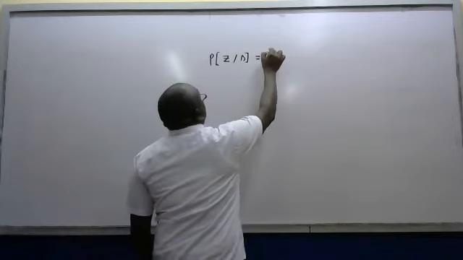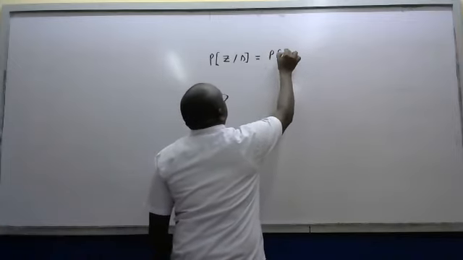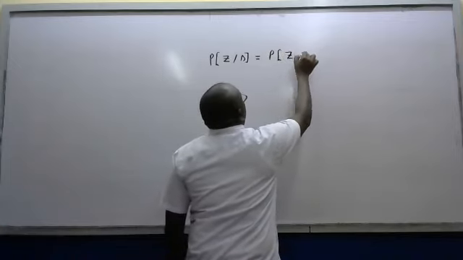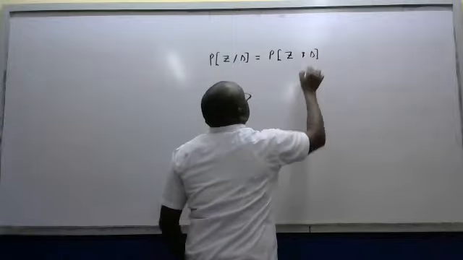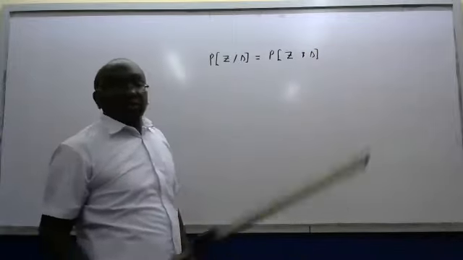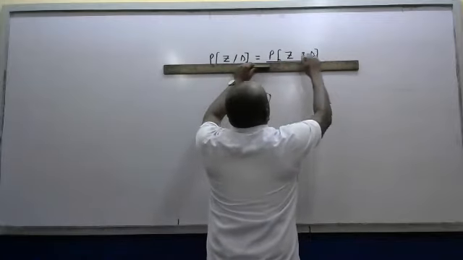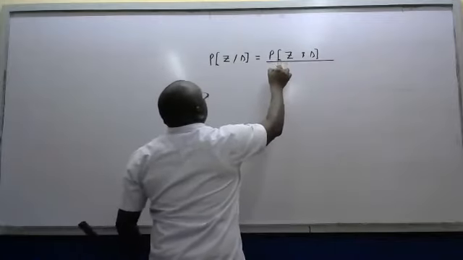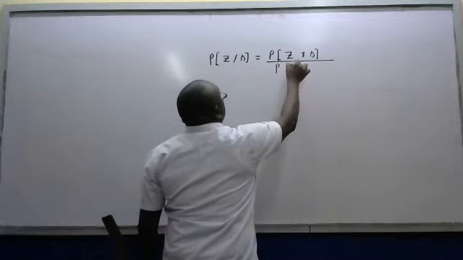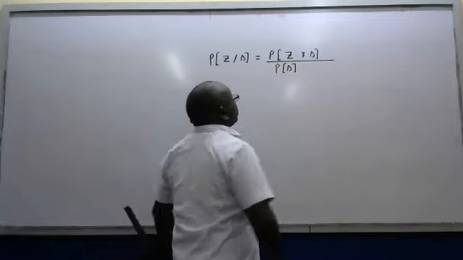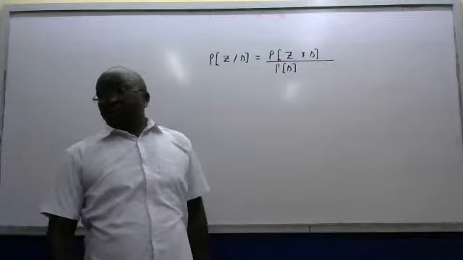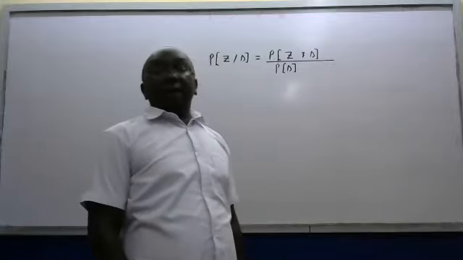So this will open up as probability of Z and D, you divide by probability of D.